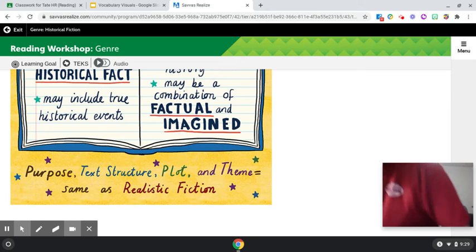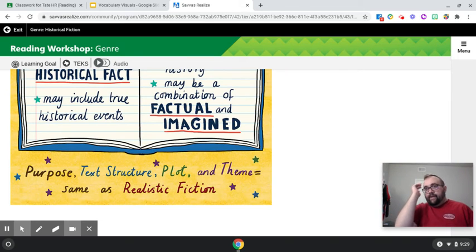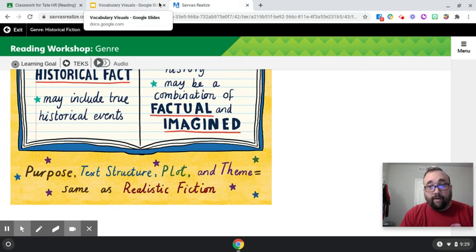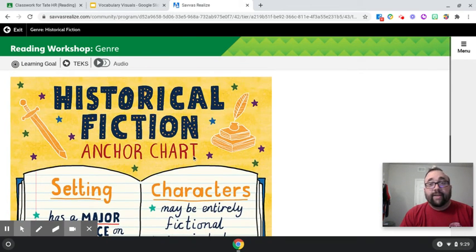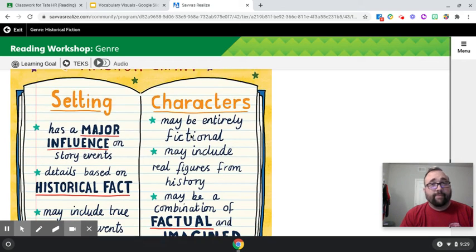So, historical fiction looks very similar to realistic fiction with its purpose to entertain, its text structure, the way it's set up, its plot and theme are very similar. Okay, so let's move on. Next thing you're going to do, you're going to take what I'm looking at right now.